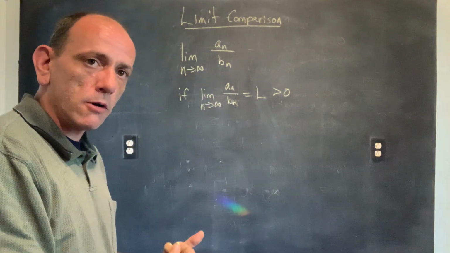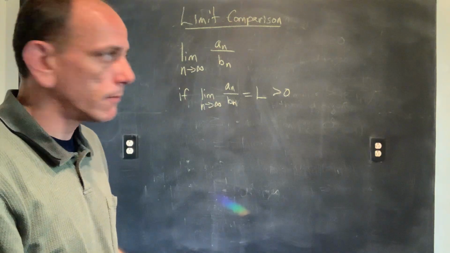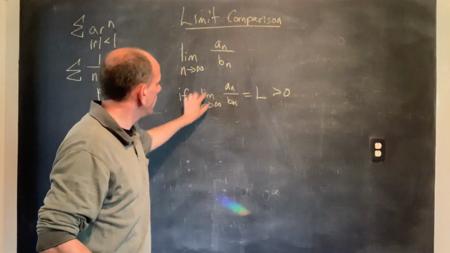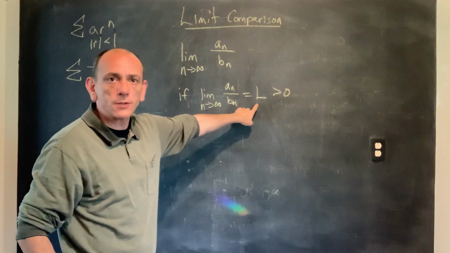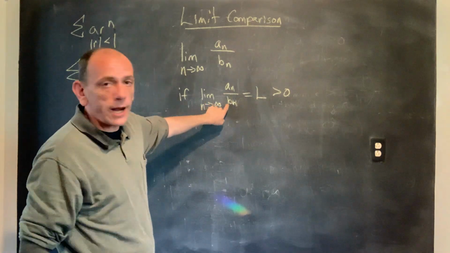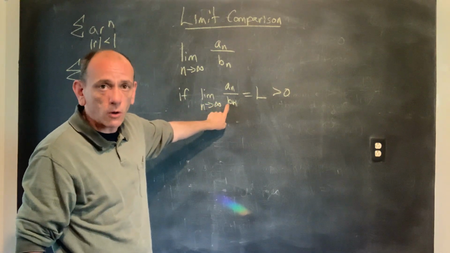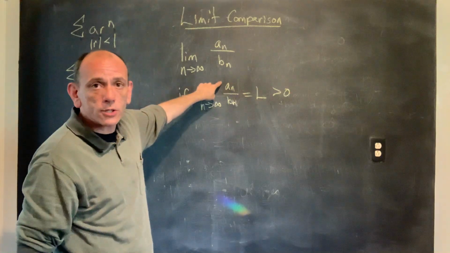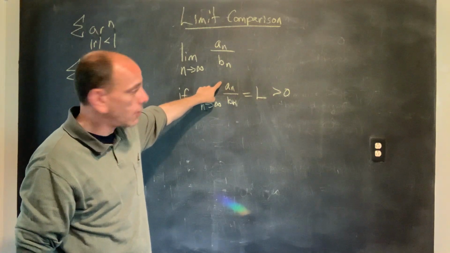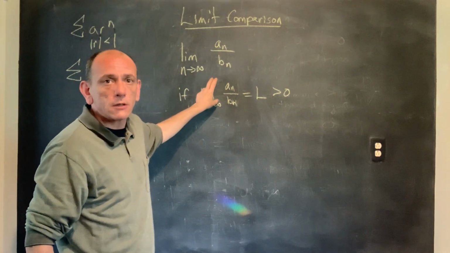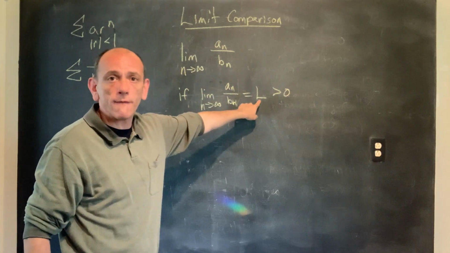Either they both converge or they both diverge. So what we're saying here is we're taking the limit of their ratio and it comes out finite. That means the rate at which the B sub n terms are going to 0 and the rate at which the A sub n terms are going to 0 is the same rate, right? They cancel each other out and come somewhere finite.